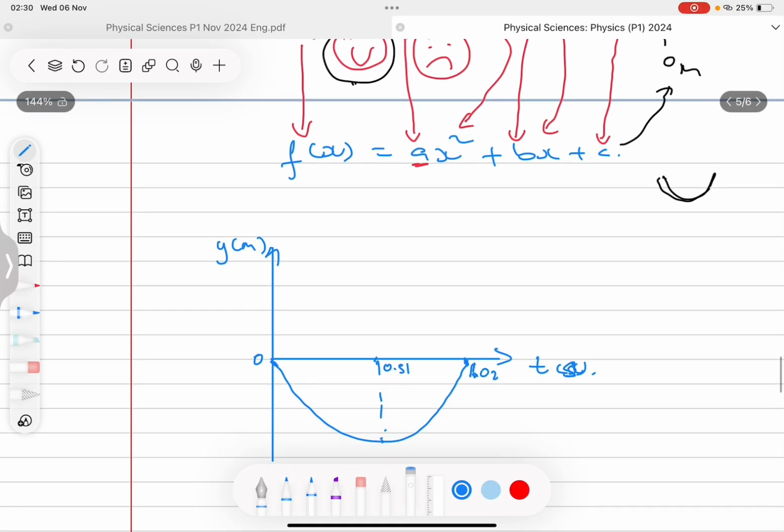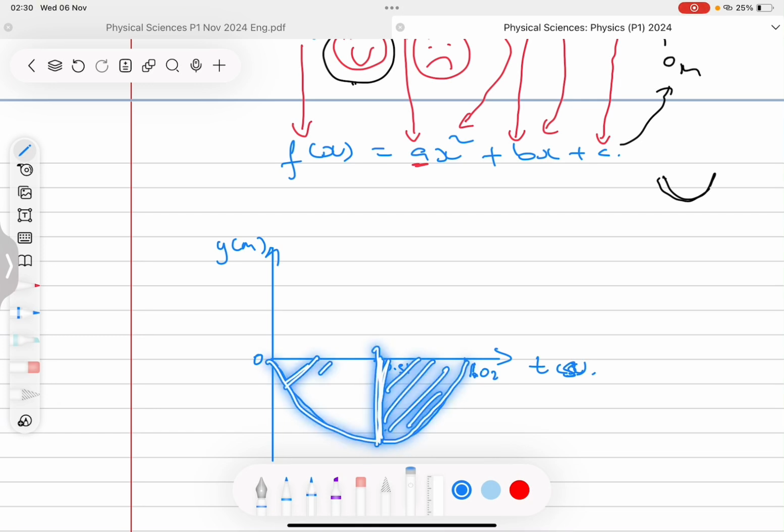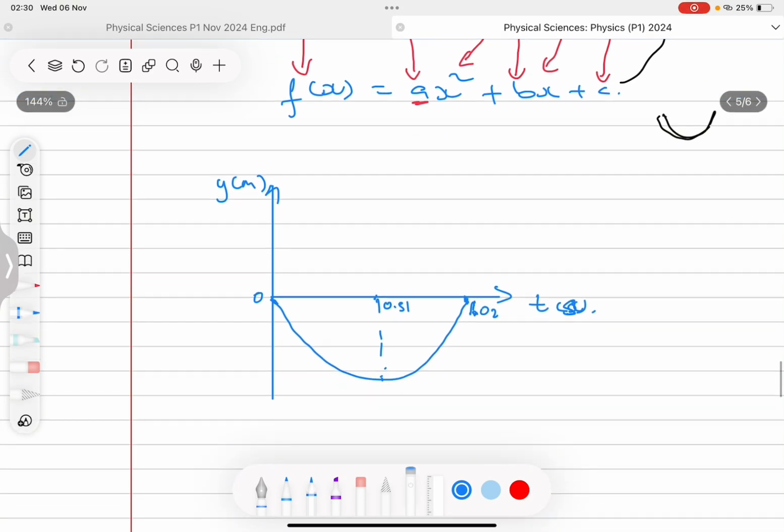Remember that the time it takes for the parabola to go up is the same as the time it takes to go down. So the time from here should be the same as the time this side, right? That's why here I'm doubling that time.